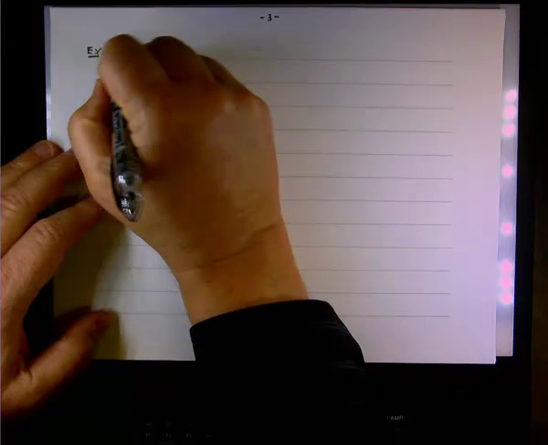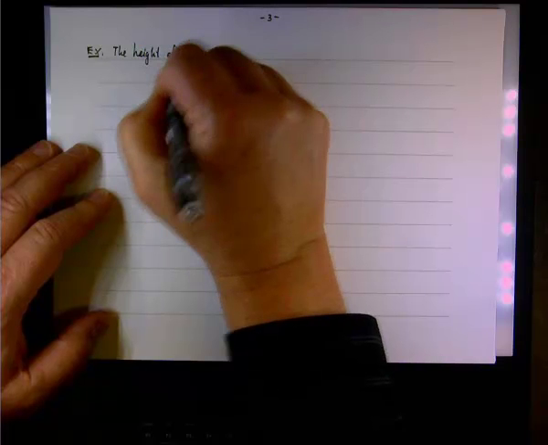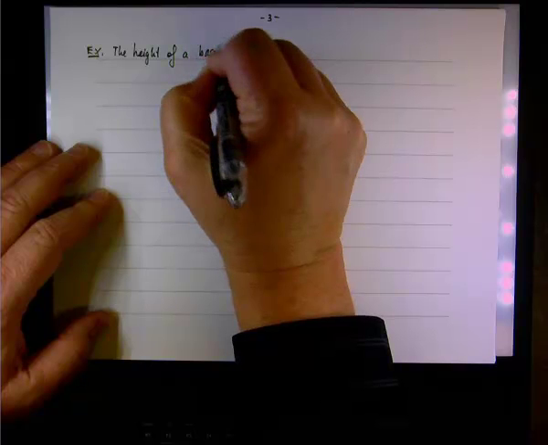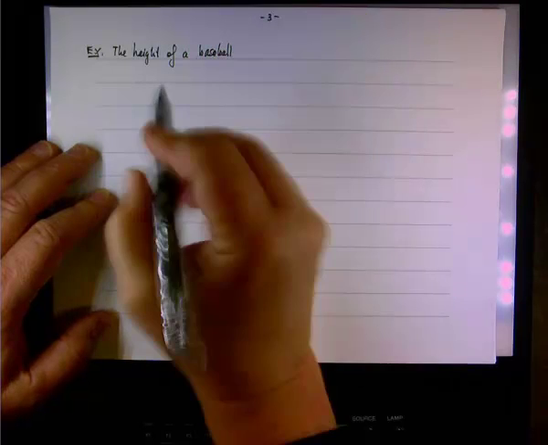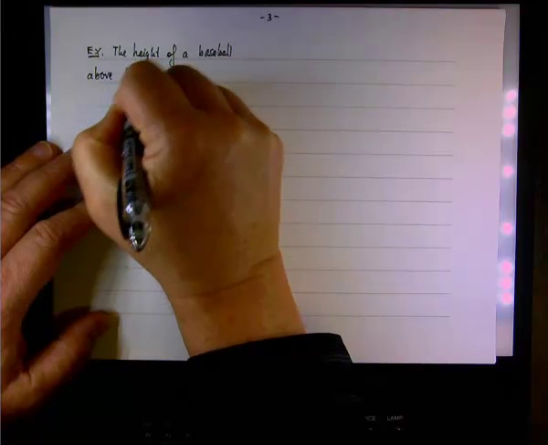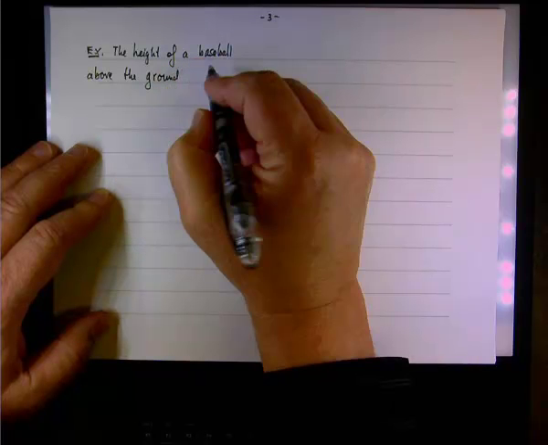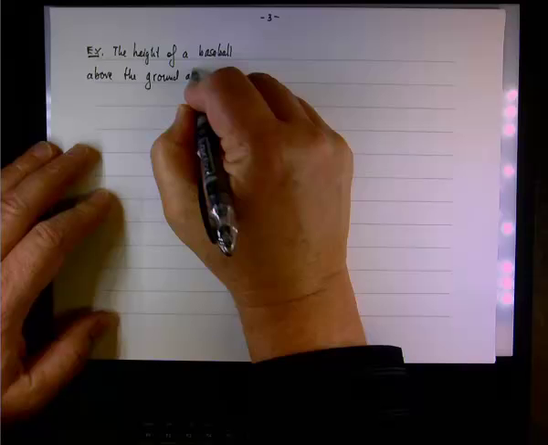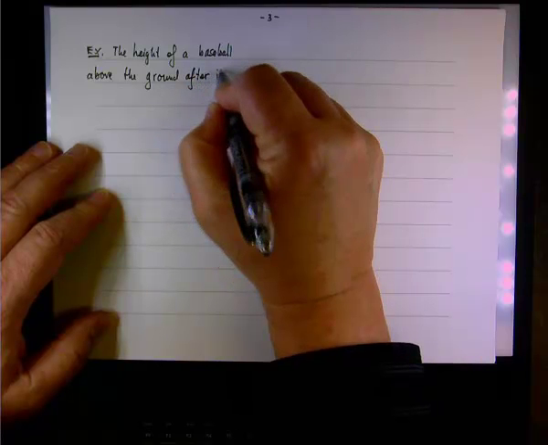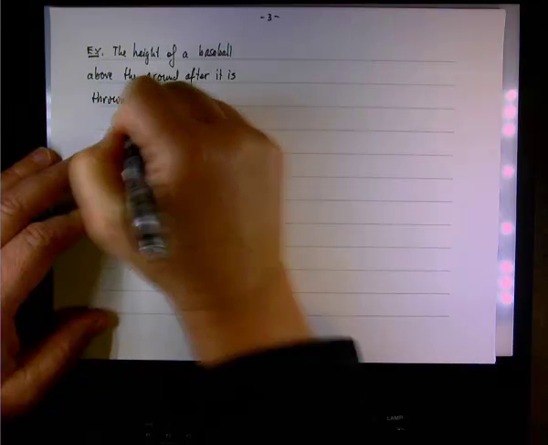So the height of a baseball above the ground after it is, I'm hesitating to write the following, thrown up.